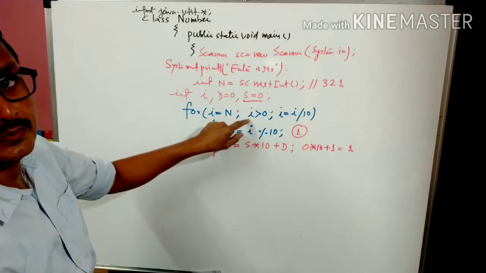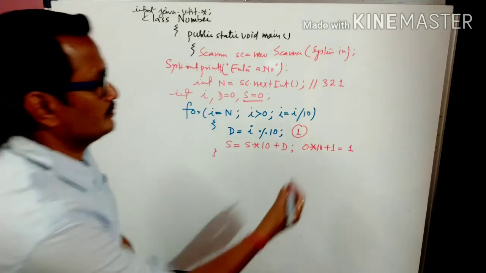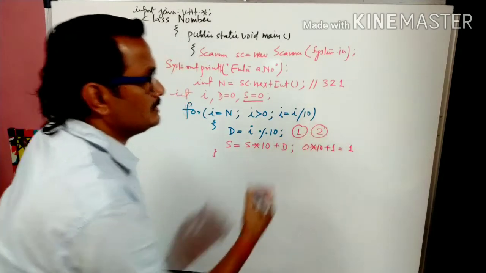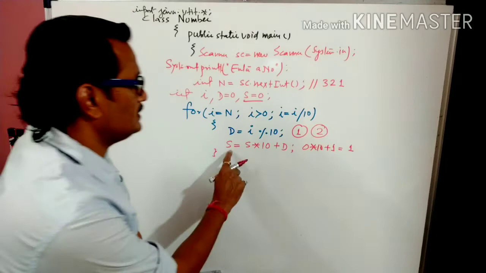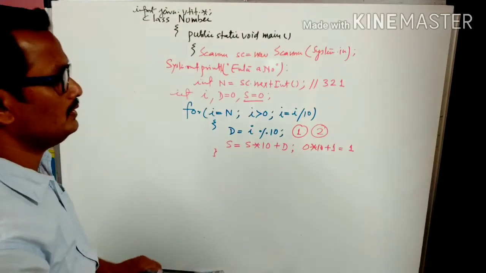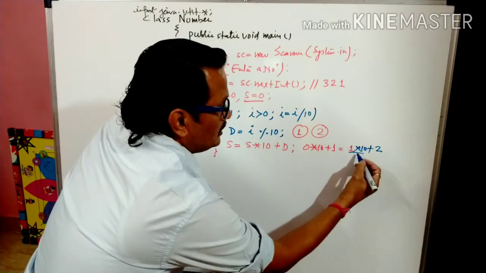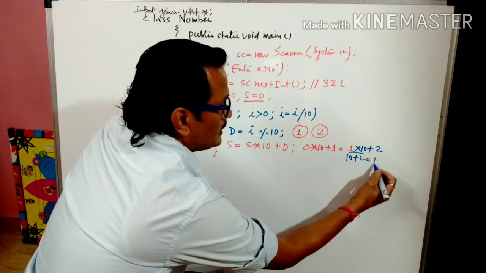32 greater than 0, condition true. 32 modulus 10, we will get another digit, that is 2. Now s equal to s into 10 plus d. What is the value of s? 1 into 10 plus 2, so 10 plus 2, we will get here 12.